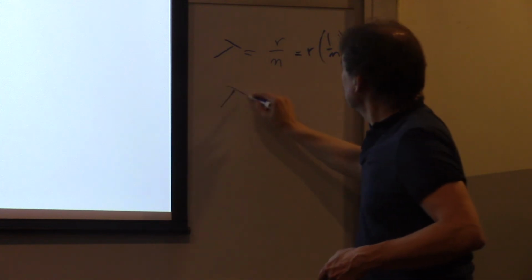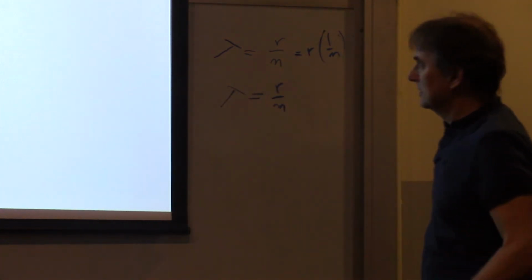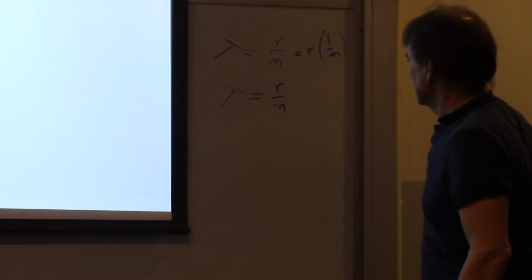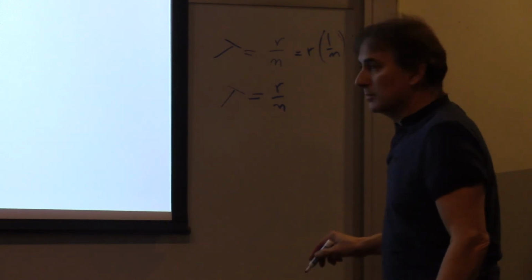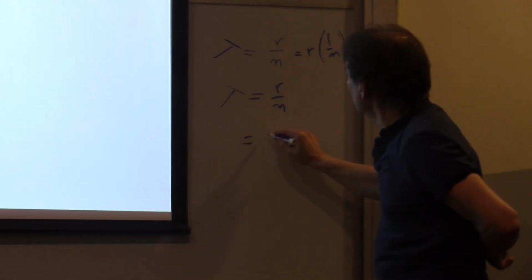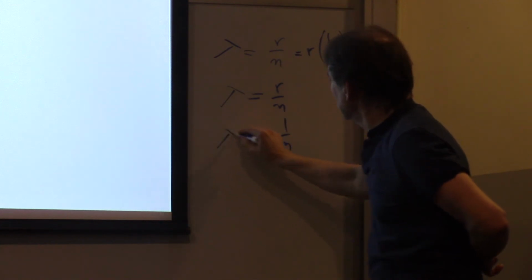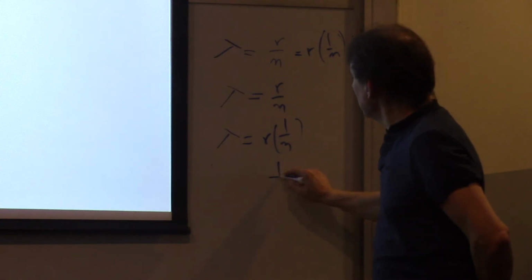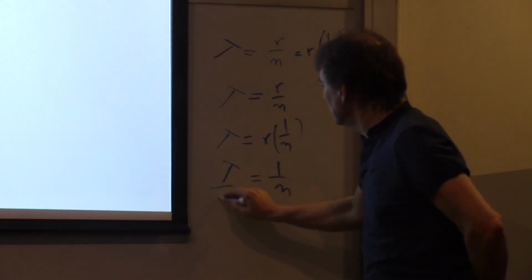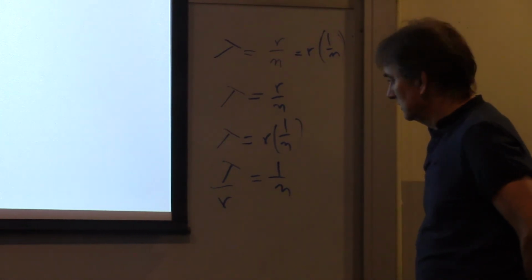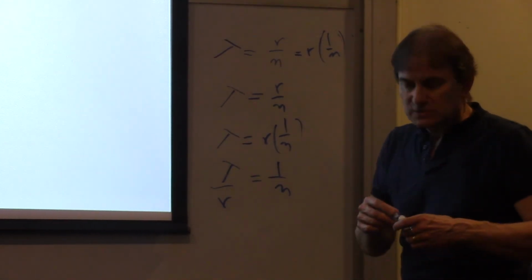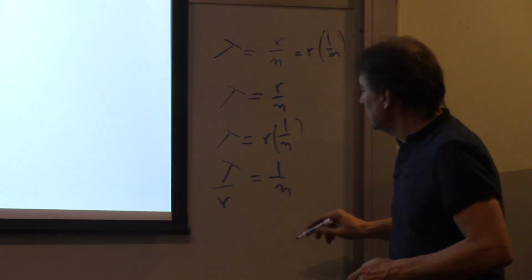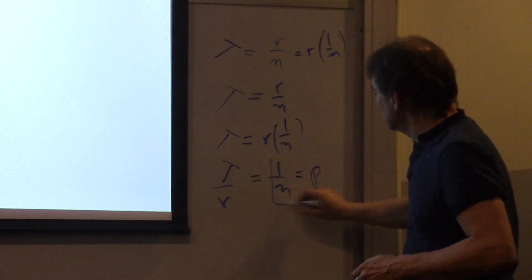So the probability, 1 over N, is equal to lambda over R. What's R? Number of records. So that's going to be N. I apologize for that. And this is of course equal to P, the probability.